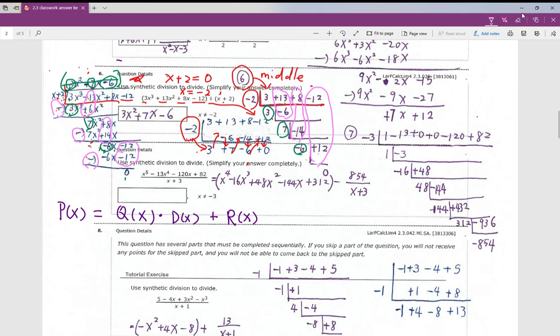And this will be the remainder. So this is the remainder. And this is the quotient. And if you understand this, then we simply make the middle part shorter.